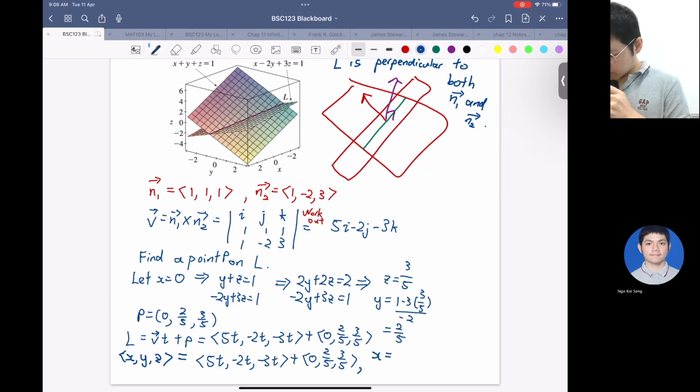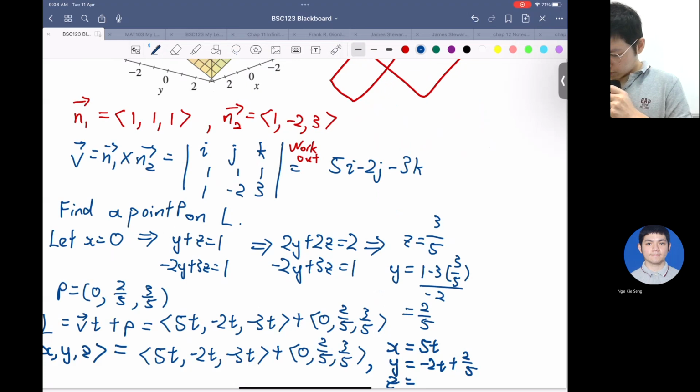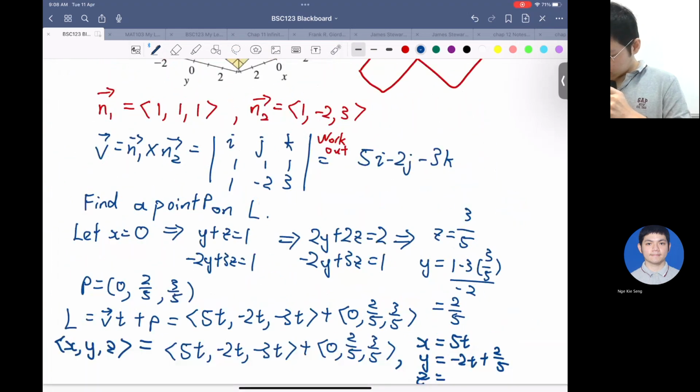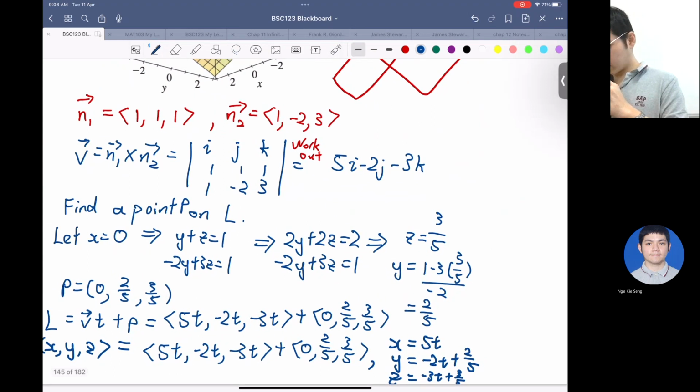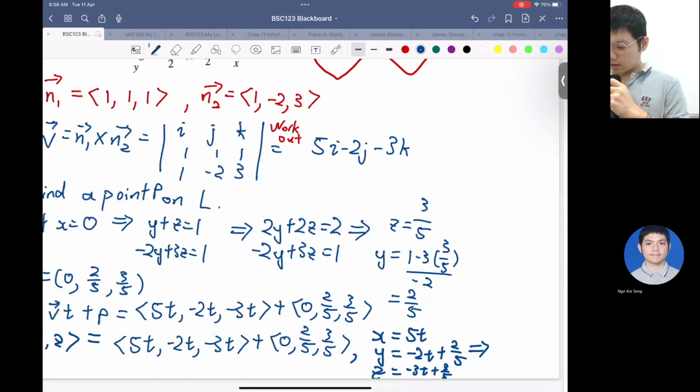X is equal to 5t, y is equal to minus 2t plus 2 over 5, z is equal to minus 3t plus 3 over 5. So this is the parametric equation, right?